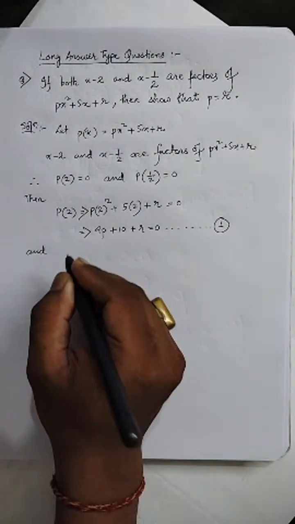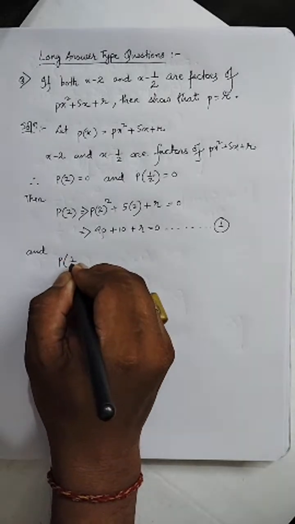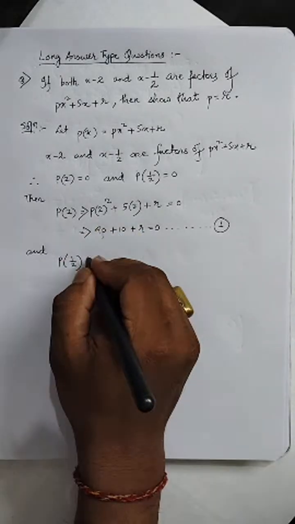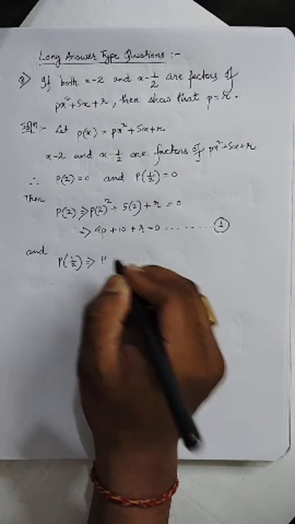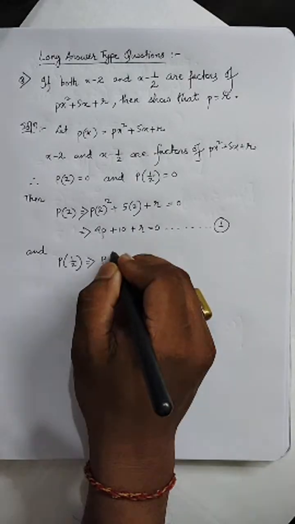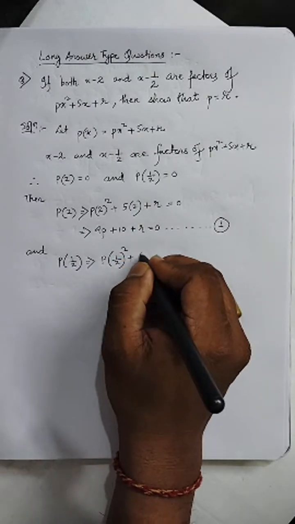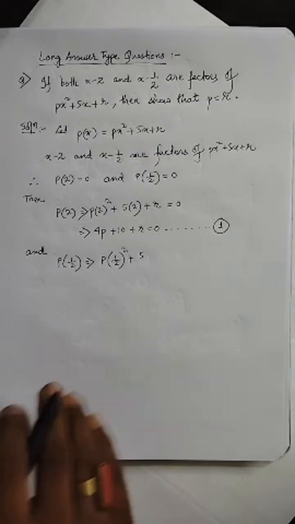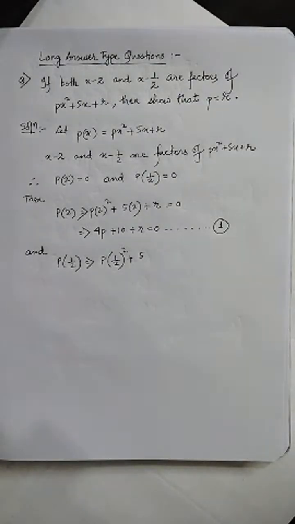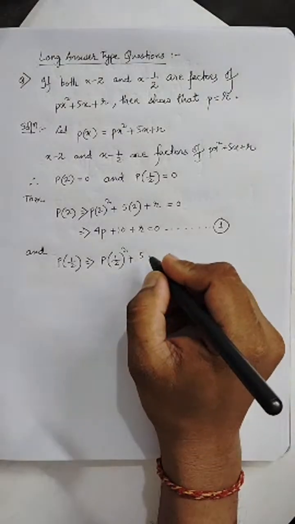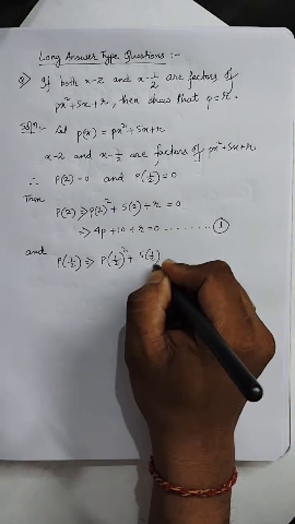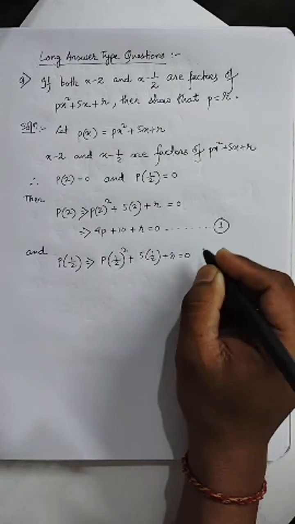And p half is also equal to 0, no? So we'll replace all the x with half. So this is p into half whole square plus 5 into half plus r is equal to 0.